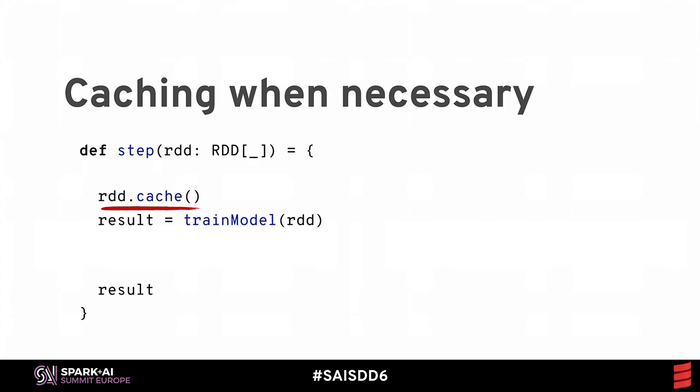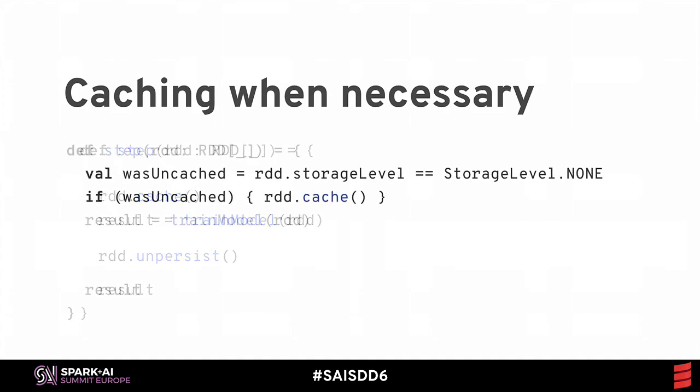So instead of just blindly unpersisting this RDD at the end of this function, we'll need to do something else. We'll need to actually check to see if we need to cache the RDD. If the RDD was not cached at the beginning of the function, which we'll test by checking the storage level of the RDD, we'll cache it.